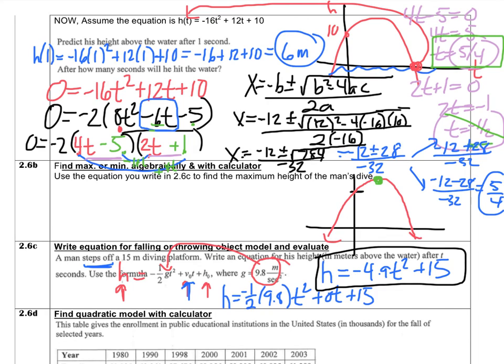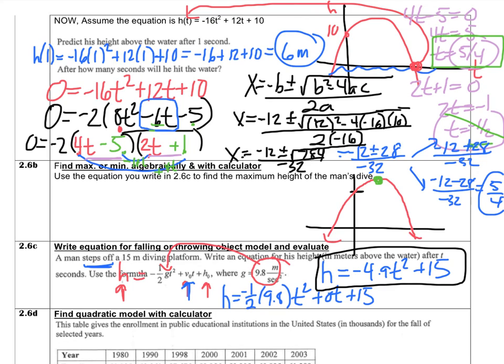Now remember, we want to find the maximum. If you're in the initial standard window, you're not going to be able to see this. So when you hit graph, you're going to have to go to window and adjust the window settings. If you change your maximum for the y to about 20, you'll get a decent window for that.